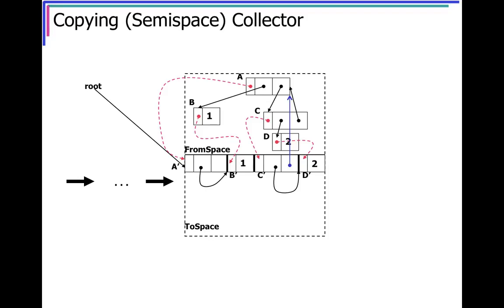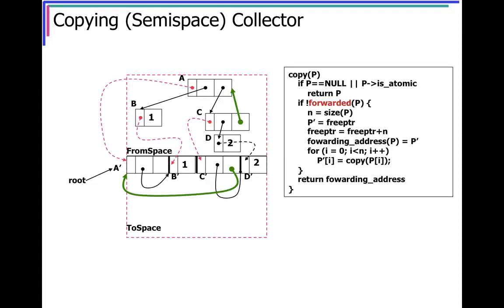So instead of moving A again, we simply return its forwarding address, that is, the address of A prime. So that causes C prime's right child to now point to A prime, and we recurse backwards, updating all of the other children accordingly.